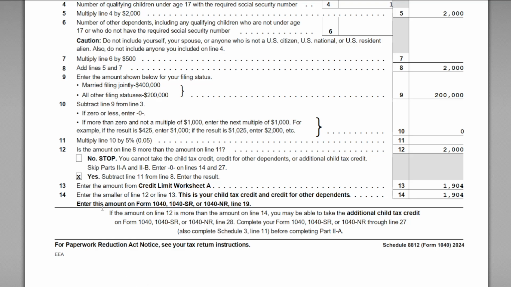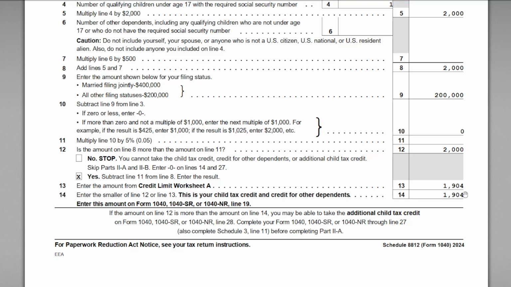And so on line 14, it asks us to enter the smaller of line 12 or line 13. Well, the smaller item here is going to be the line 13 amount. So she has a $2,000 credit available, but not enough tax liability to be able to absorb the entire amount. So the credit is going to be limited to $1,904. The non-refundable credit, that is.